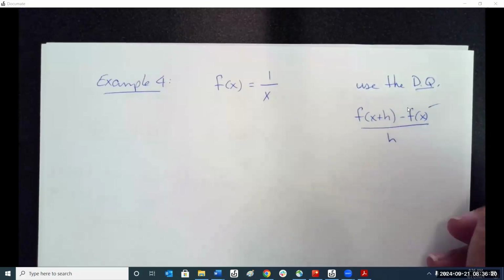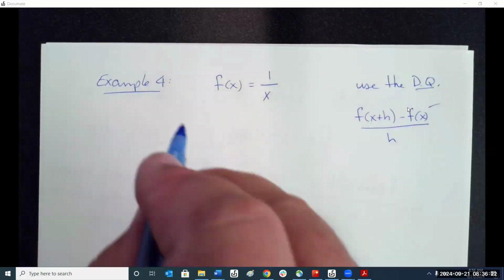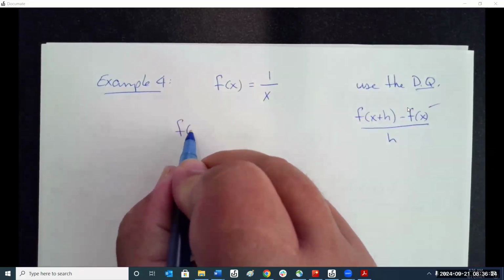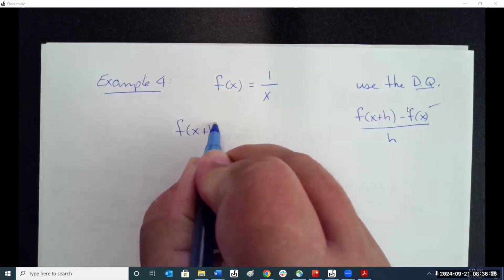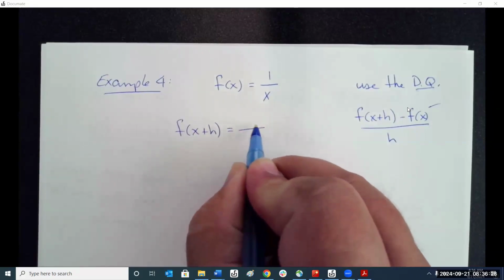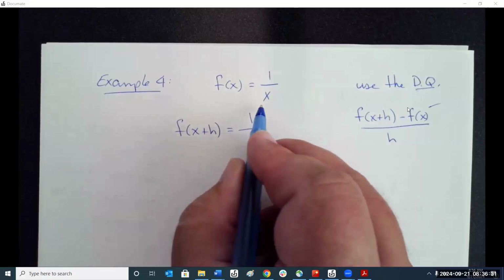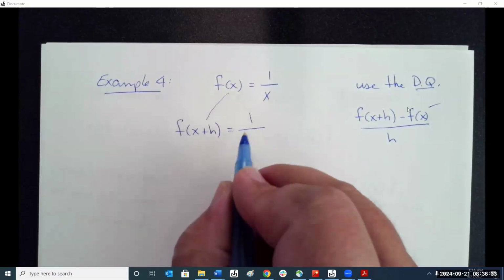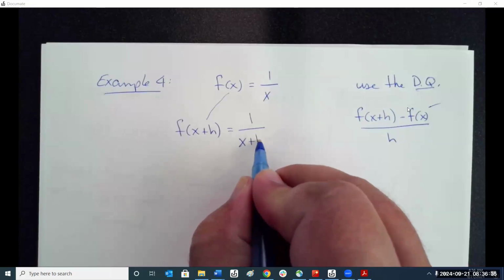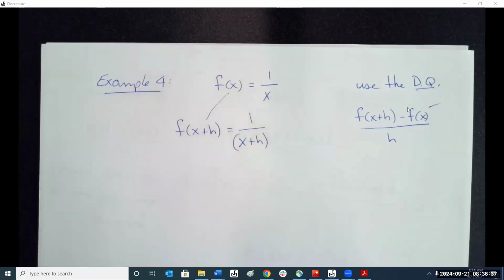We have f of x, we need f of x plus h. So anywhere we see an x, we change it to x plus h. And remember, it stays together. It's one number. It has to stay together.